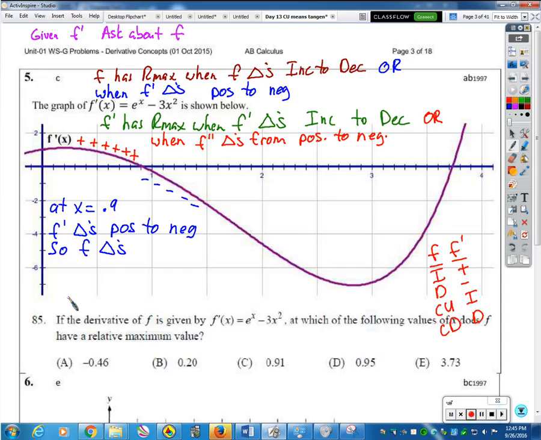So if at x equal 0.9, f prime is changing positive to negative, how would f be changing? Say it louder. Not quite. So when f prime is positive, what do we know about f, Marianne? F is increasing. When f prime is negative, f is decreasing. So f changes increasing to decreasing. 3 tickets for Mariana.